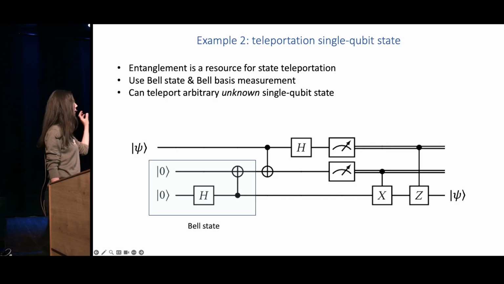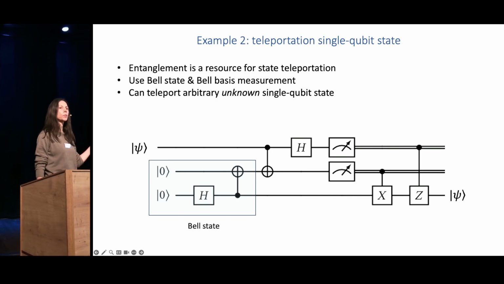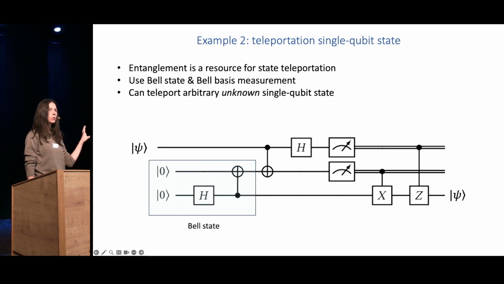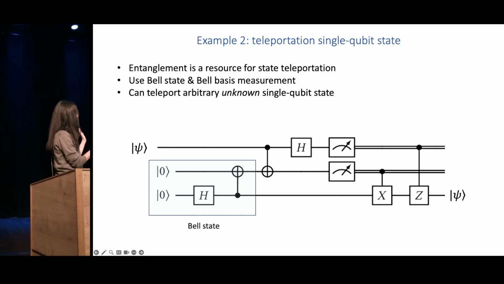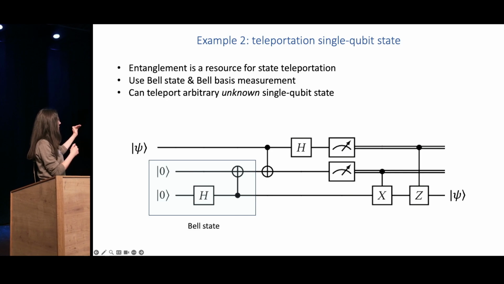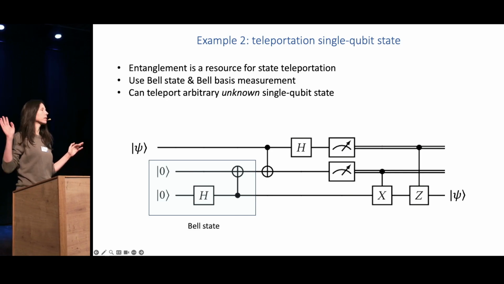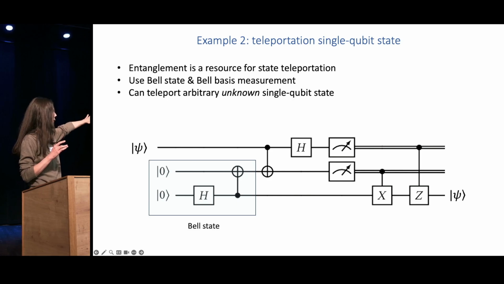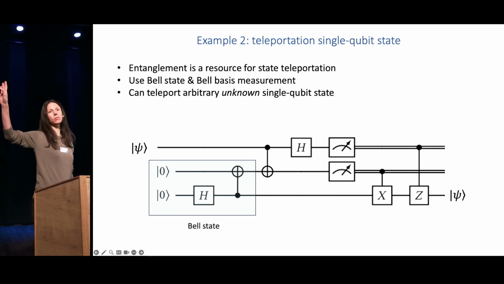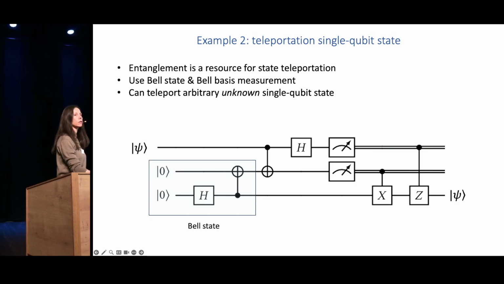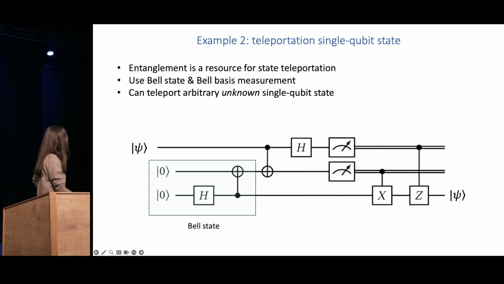And then you bring in another qubit, which is in some arbitrary unknown state. So we don't assume anywhere in this protocol that we know what psi is. Then one of the 2 qubits of the Bell state can now be very far away. It's been entangled with the other qubit, and then it doesn't have to be in our lab anymore.